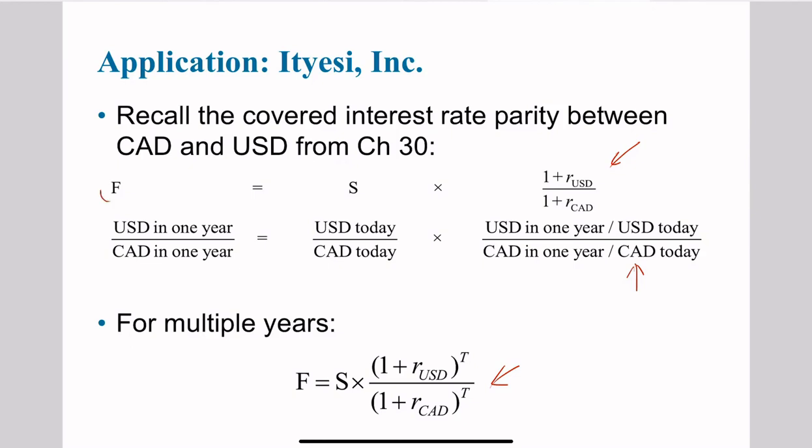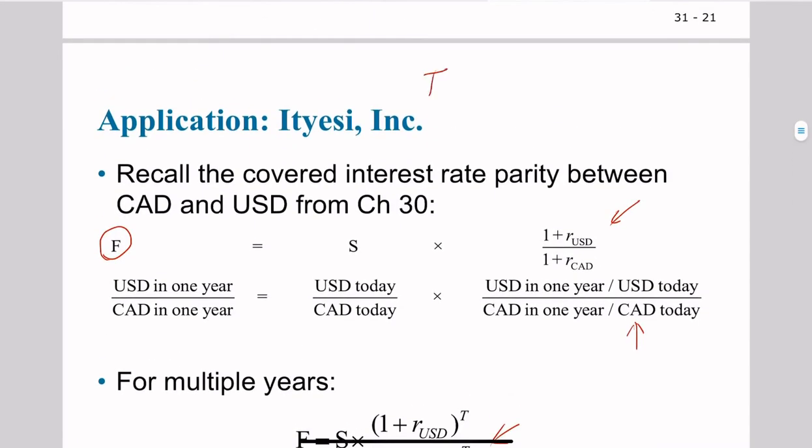For the forward exchange rate F, the unit is USD per CAD, right? If you get F in USD per CAD, then correspondingly, this spot exchange rate should also be USD per CAD.